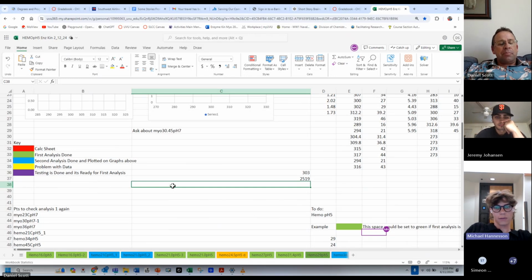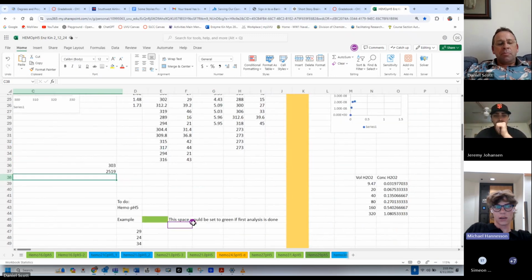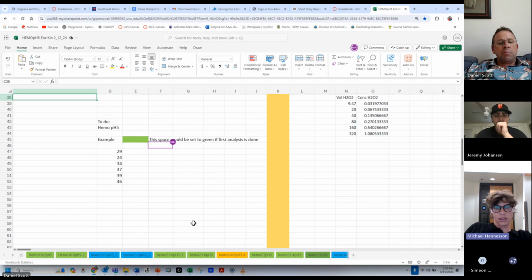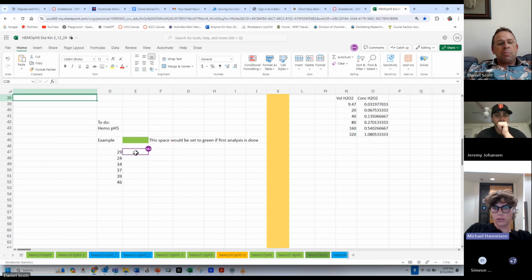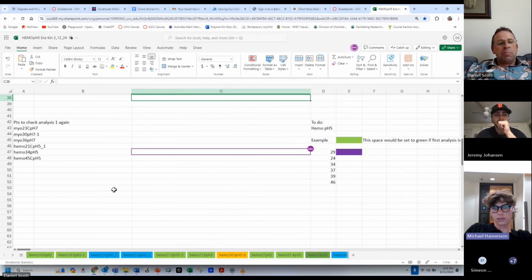So if you go down to the temperatures, like say you do Hemo 29 and you finish the testing, you would mark this space to the right of it purple, and that we now know is done and ready for the first analysis.